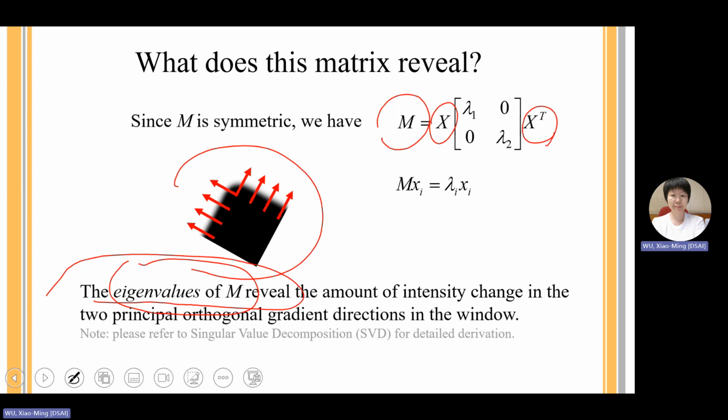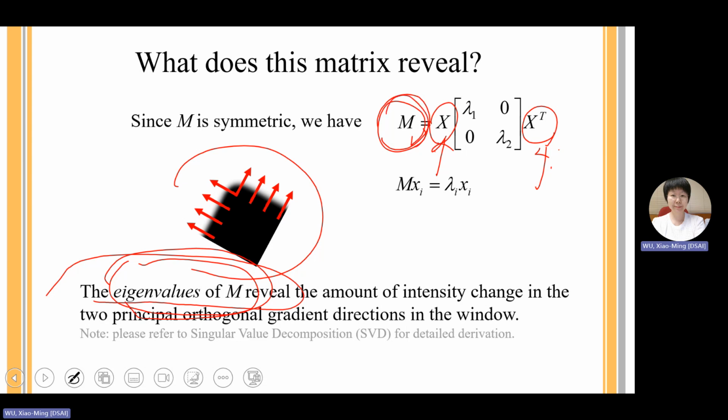We will not explain the details, because the explanation will involve linear algebra and the rotation matrix. So when we look at M, we should not look at M itself.